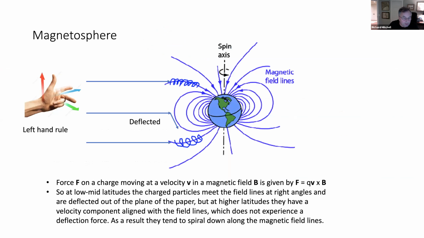And so the next question is, why do we only see the aurora at northern or southern latitudes? And the answer is the Earth's magnetic field.